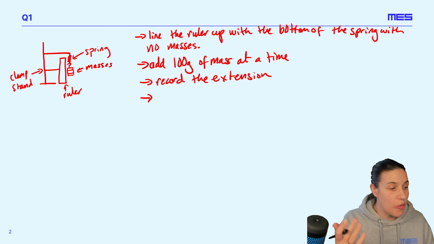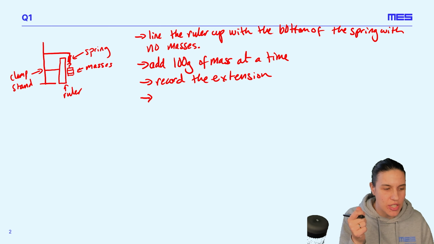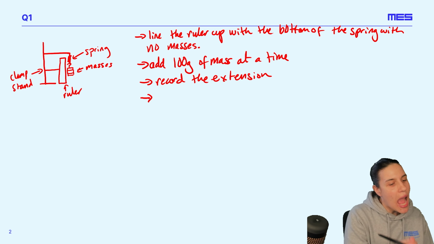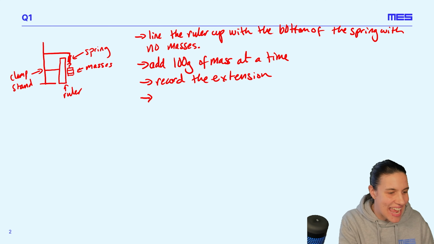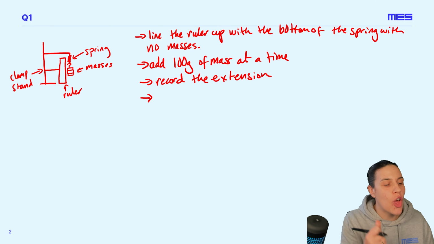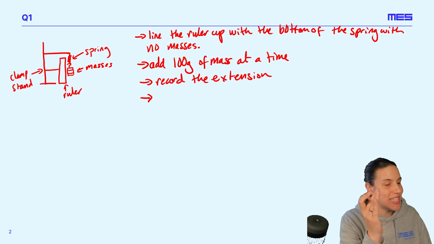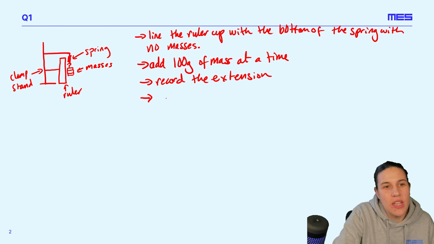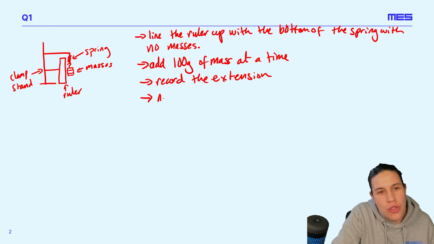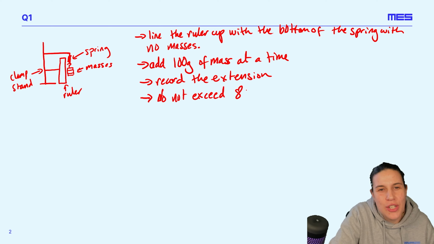Because if I go above about 800 grams, then the chances are that if this is like a normal laboratory spring, then my spring is going to start overextending, okay? And I want to make sure that I'm measuring the force versus the extension when we're within our limit of proportionality. So I'm going to do not exceed 800 grams of mass.